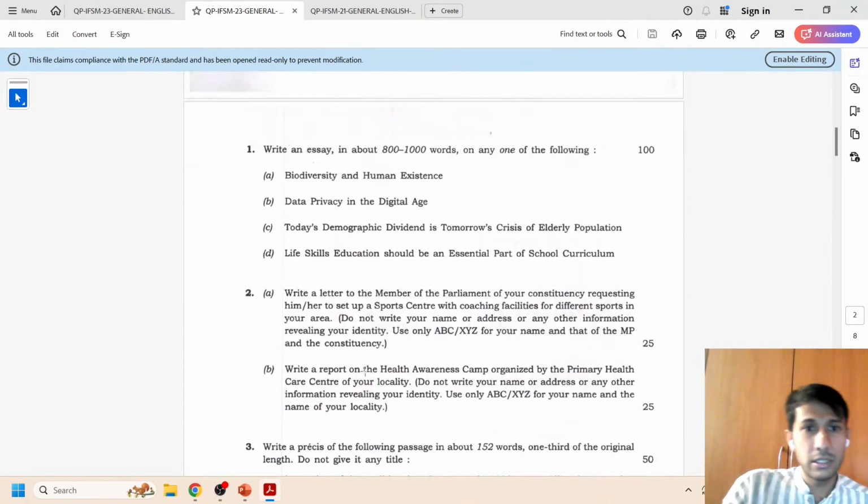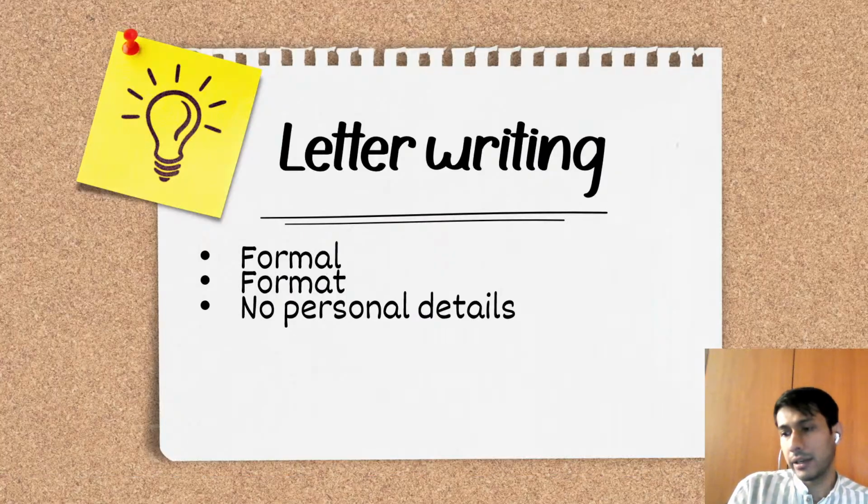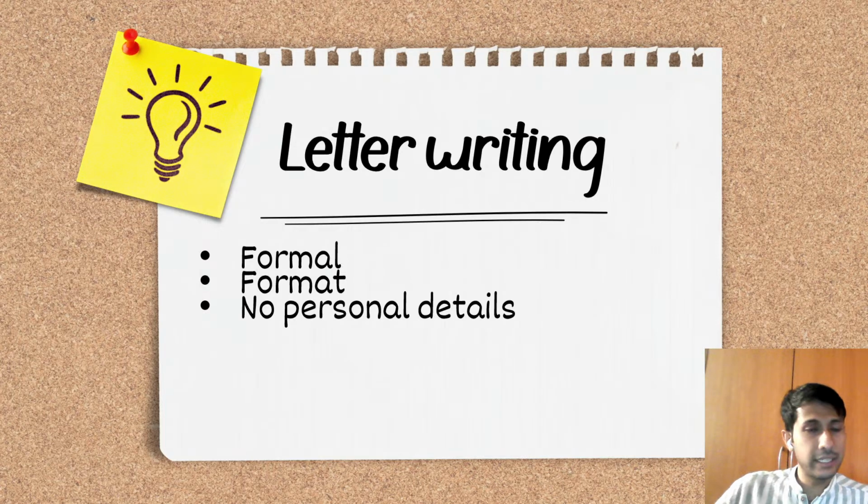And if you see one more paper here, this is from last year, 2023: write a letter to the member of parliament of your constituency requesting him or her to set up a sports center with coaching facilities for different sports in your area. Do not write your name or address. Use only ABC or XYZ. All right, so format matters, and it's a formal letter.